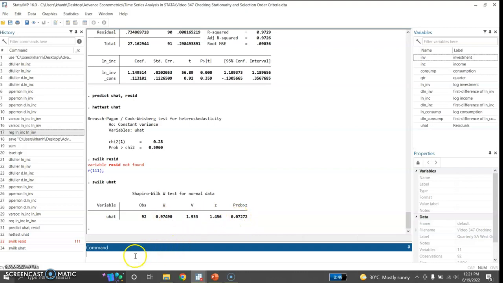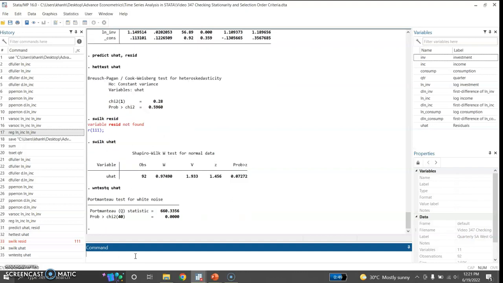I can also check the White test for this. However, this test shows that there is a problem of serial autocorrelation in this model. So I hope this is very informative for you, ladies and gentlemen.